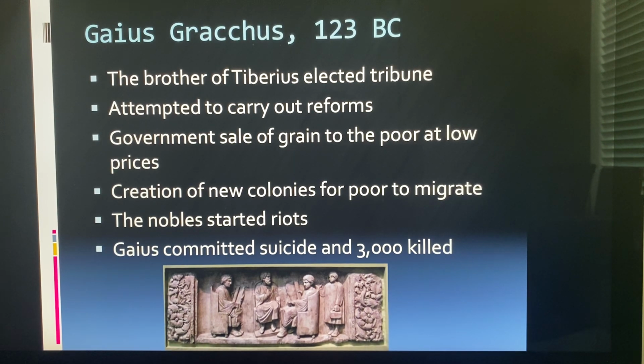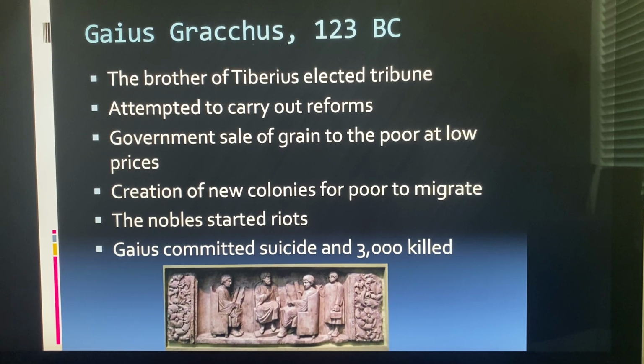Gaius attempted to carry out these reforms, including the government sale of grain to the poor at low prices, and the creation of new colonies for the poor to migrate to. And the nobles then started riots. So the wealthy started riots.